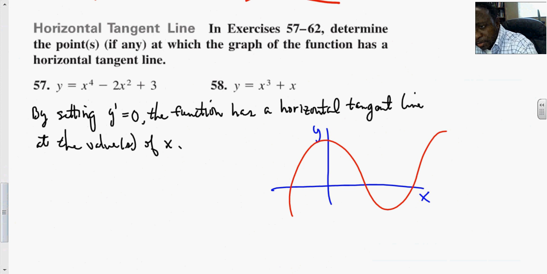Let's check this out. What if I can draw straight?